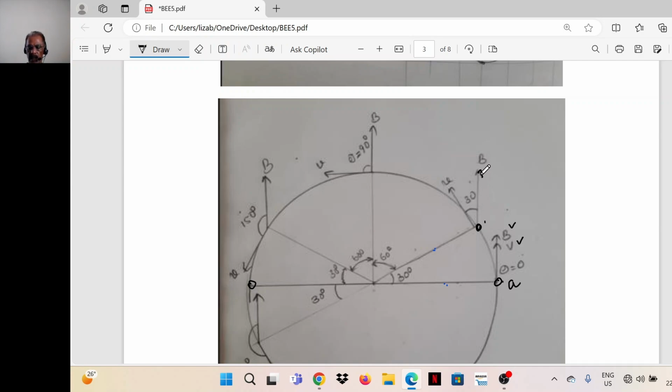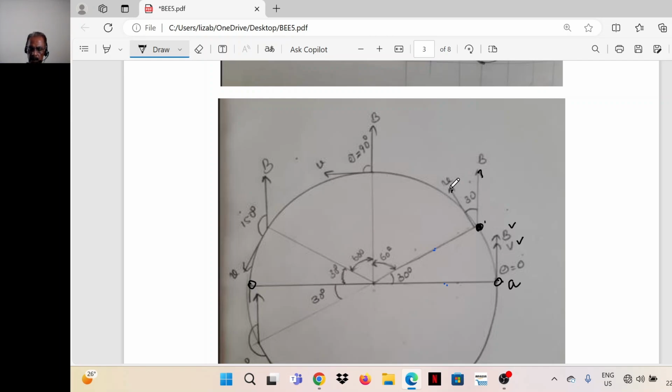The flux density direction does not change. But see the direction of the velocity vector. It is tangential to the circular path of the coil.